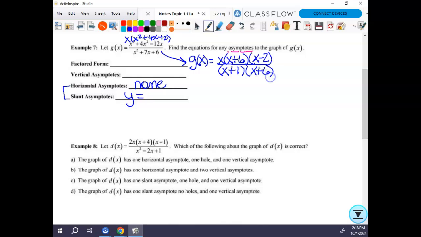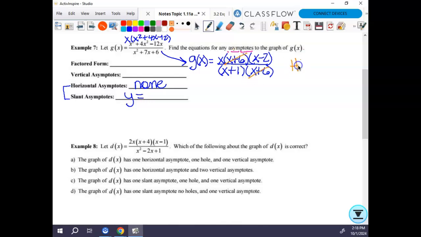And I'm going to remind you again, you have to be able to factor accurately and efficiently, which means kind of quickly, especially on easy ones like this. You can't spend 10 minutes trying to factor it because that's not even really part of what's being tested. So then I look at this and decide, can I reduce it? Can I cancel anything out? Yes, I can cancel out the x plus 6.